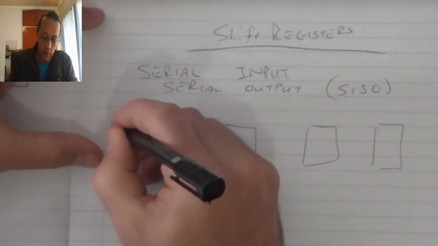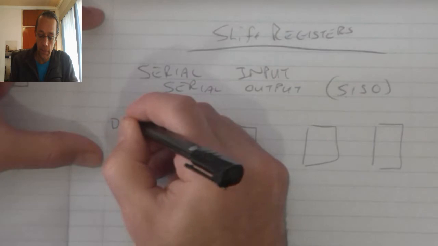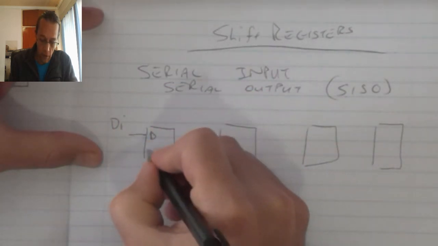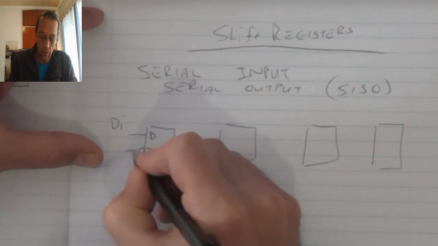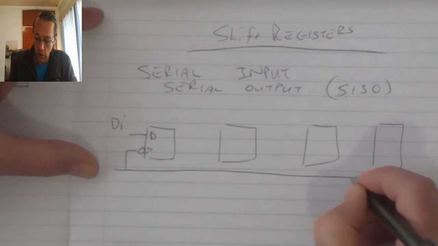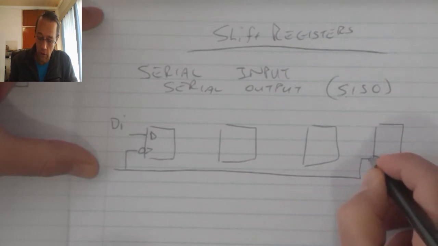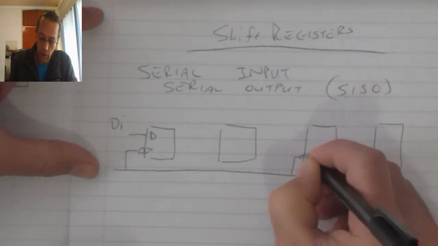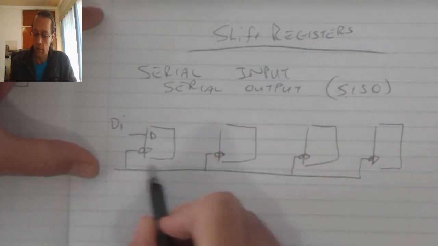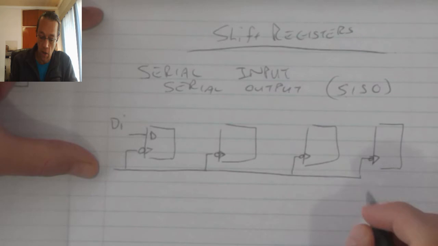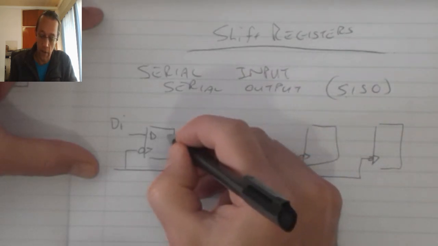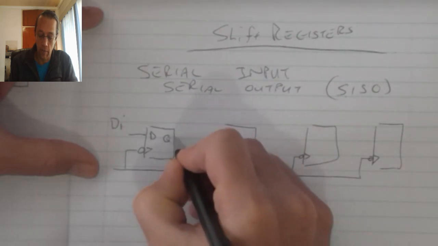And we've got our data in at our Q. Then we've got our clock input, and these devices all need to be synchronized, or synchronous, in nature. As a result, all of them will receive the exact same clock pulse because we want them to function and operate at the same rate.